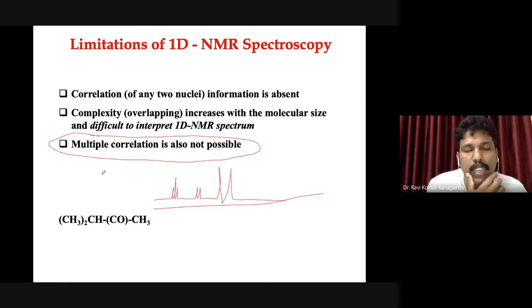This coherence information is not only hydrogen-hydrogen coherence, but can be hydrogen-carbon, hydrogen-nitrogen and various other coherences that are generated when you are shining the radio frequency pulse. These coherences cannot be seen in one-dimensional spectroscopy. This is possible only if you record two-dimensional or higher-dimensional NMR spectroscopy.